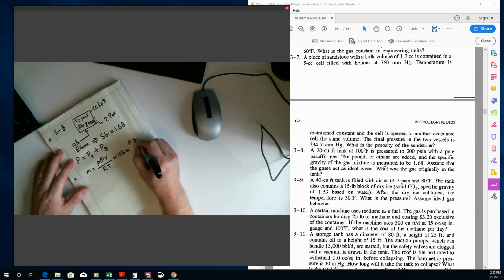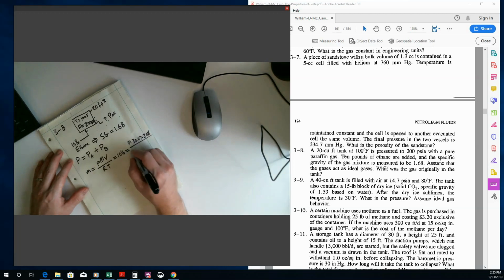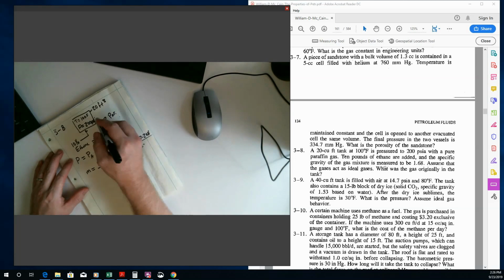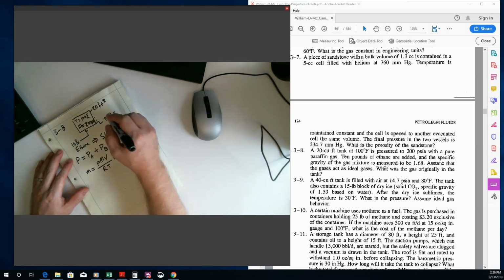So 30.07 is the molecular weight. You can look that up in Appendix A. Our volume is 20 feet. We're going to divide that by 10.732, which is R, and the temperature is 100 F. We're going to assume a constant temperature here.